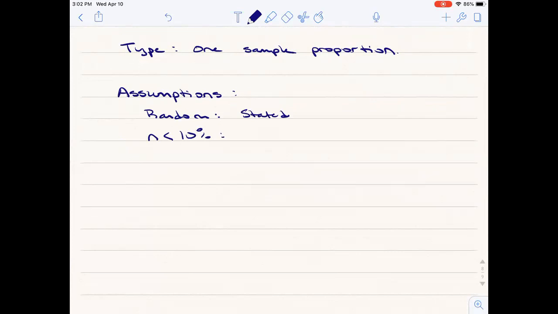Our n is 520, and we have to assume that 520 judges is less than 10% of all judges in the world, I guess. I don't know. How many judges can there be? We're assuming there's a lot.